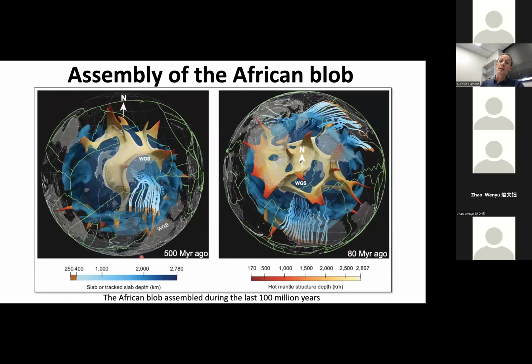So the ones around the West Gondwana blocks, what we did, and that's a gorgeous figure from Omar. What we see is the slabs in the deep mantle, again in the blobs, and then we've tracked slabs. The result is shown as the temperature at 500 million years ago, and these are the paths of slabs from 740 million years ago. So over 250 million years or so, they've sunk into the Earth's mantle and are now down there.